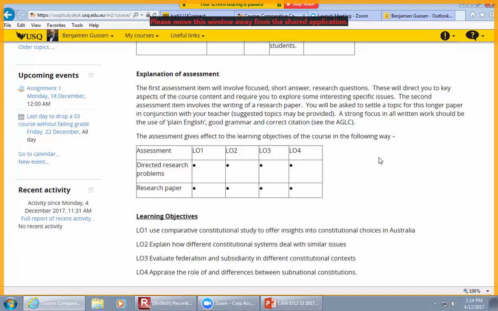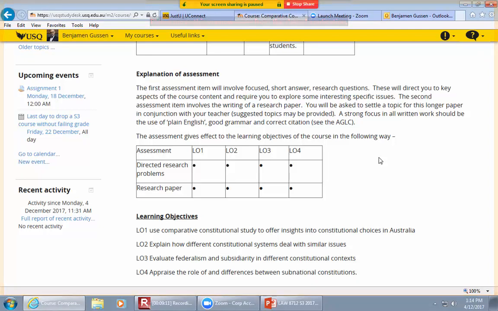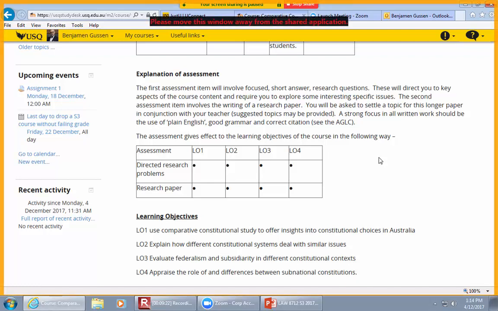Okay? The second one is about explaining how different constitutional systems deal with similar issues. So we'll be looking at other jurisdictions and trying to figure out how they compare, and compare between quotation marks to Australia, because we really need to go back and look at something I suppose some of you have done previously, maybe in Law 8001, which is legal methodology, with Dr. Jeremy Patrick.